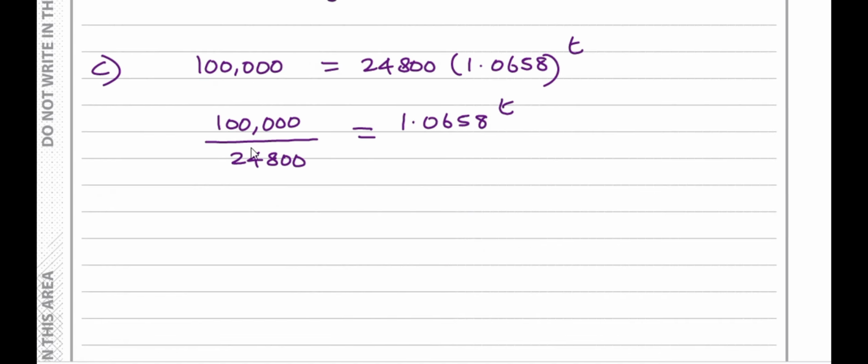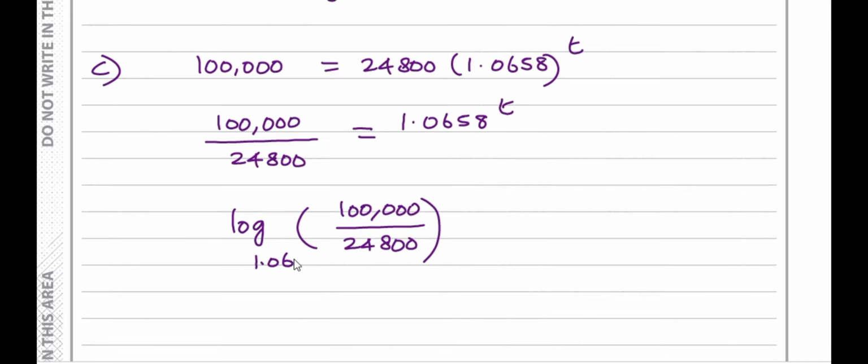Therefore, if we take logarithm, we will be able to find the value of T here. So we can write log bracket 100,000 upon 24,800. Now bring this 1.0658 as the base here, and that will be equal to the value of T. And when I put this into the calculator, I get 21.8 years.